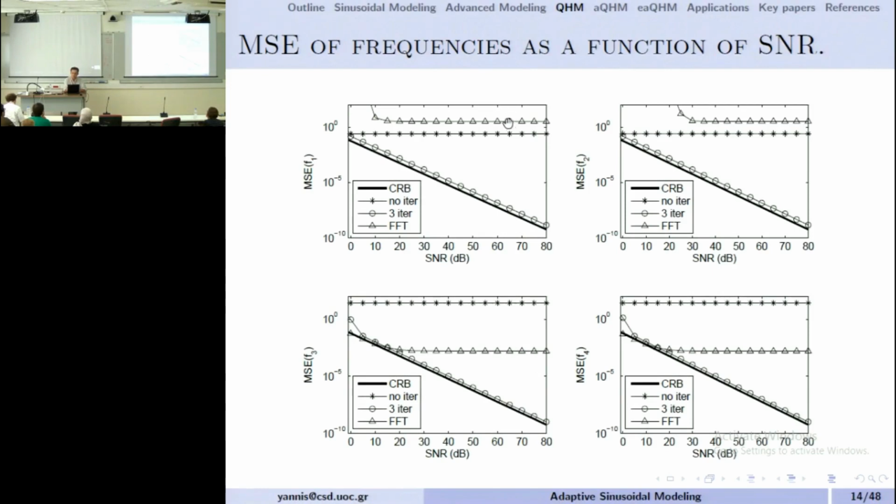So what does that mean? It means that for F1 and F2 you have bigger error. That means F1 and F2 are closer than F3 and F4.